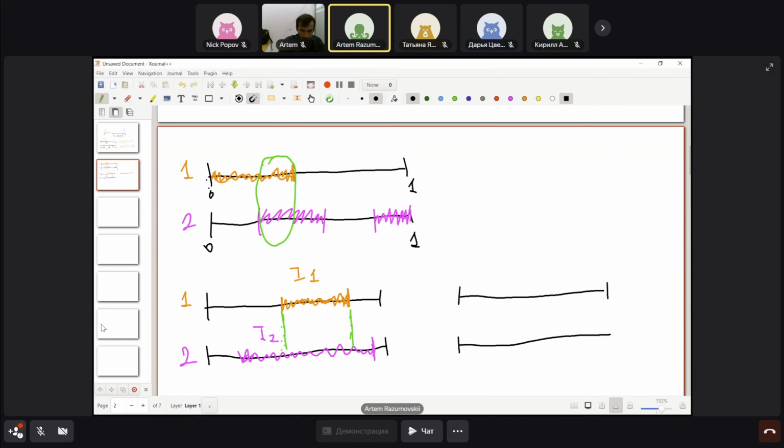Then they can consider the other case: let's pick the same I1, but now let's say that I2 is like that. Then there is no intersection. That means the agencies produce absolutely different topics of high quality, and that's maximal differentiation, so they differ as much as possible.